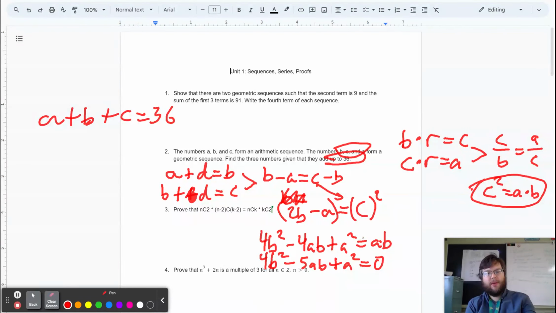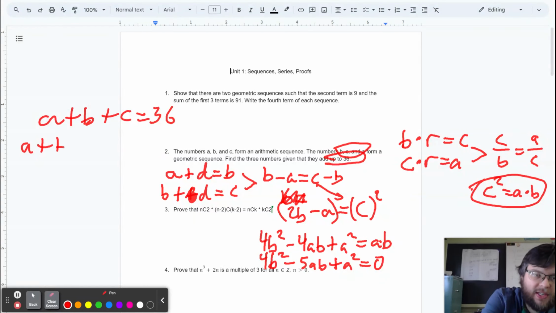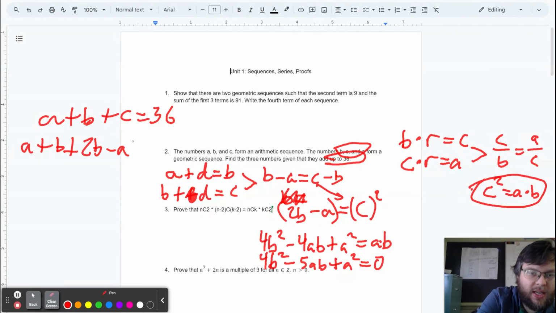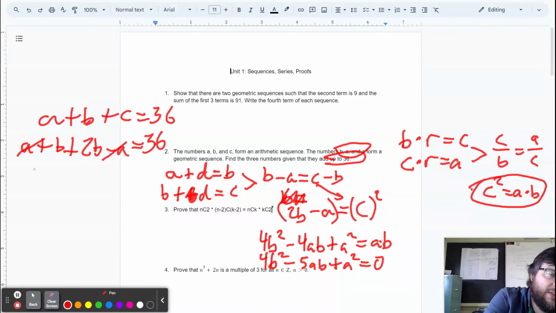Okay, let's see how we can use that information. The other thing I could do with the C value is substitute it into my 36 equation. So now I know that a plus b plus c, which is 2b minus a, is equal to 36. Oh, now we're getting somewhere. It's positive a, negative a.